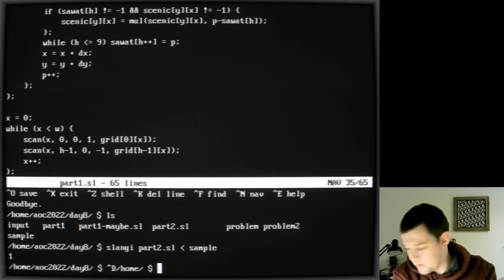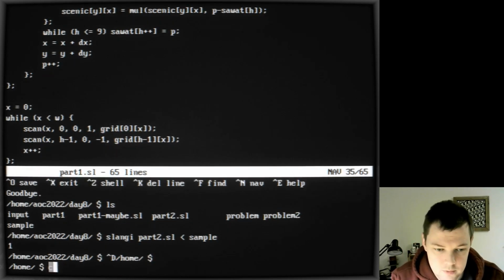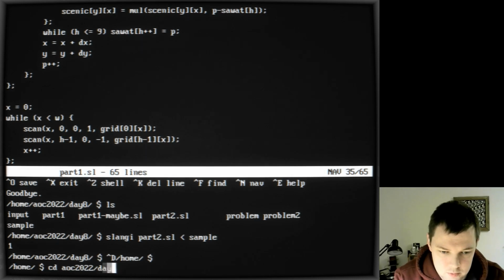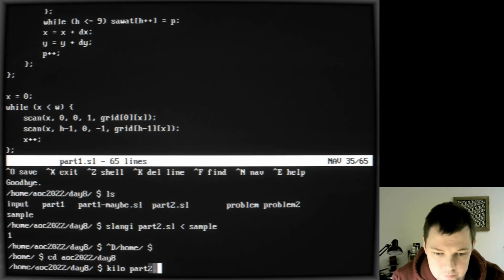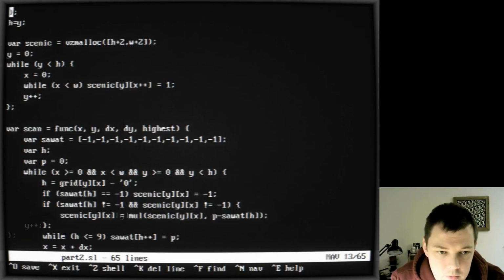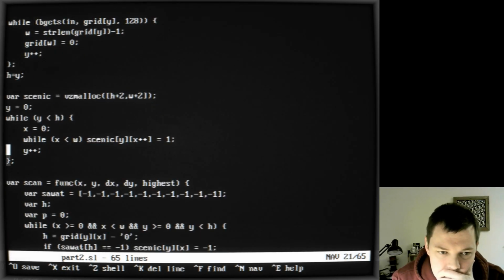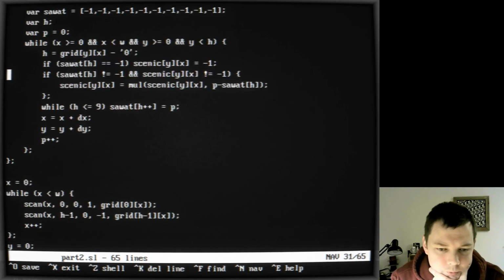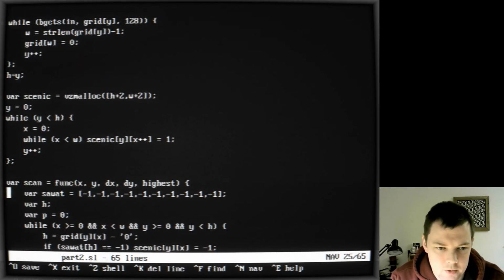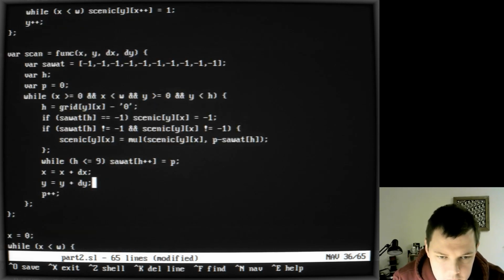One is incorrect. They all get initialized to 1. I don't need this argument here.